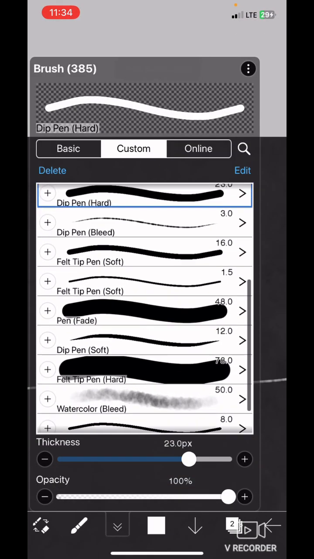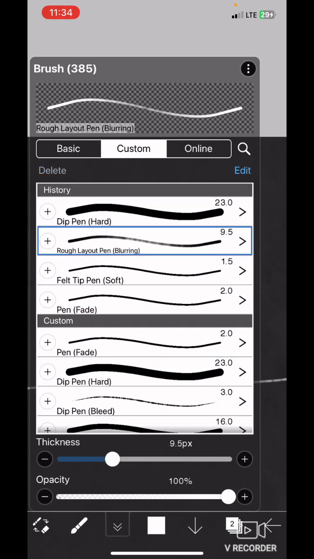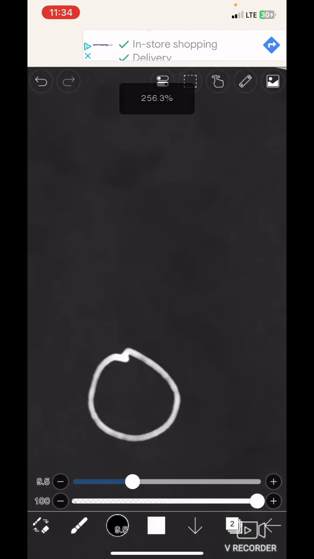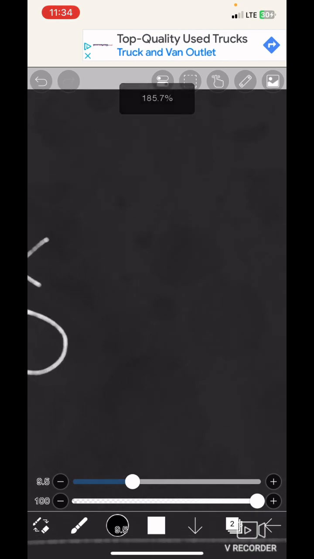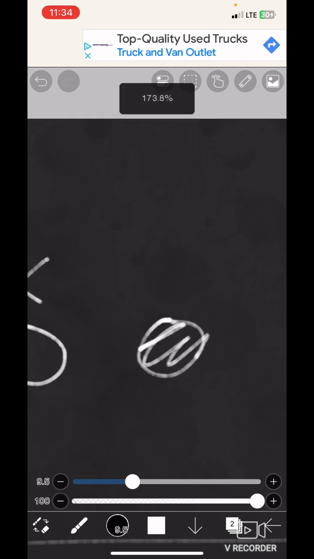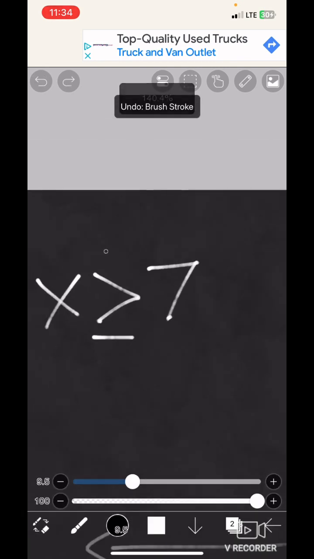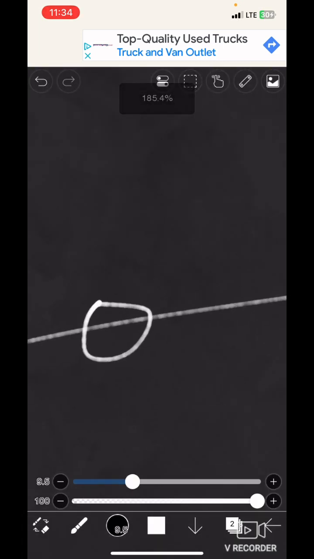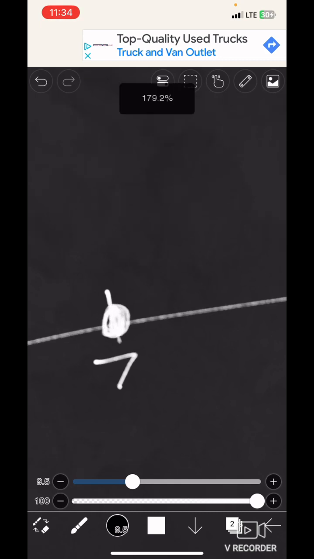The difference between an open and closed circle is that an open circle means that the number on the other side is not included in the equation, while a closed circle means the number is included in the equation. Judging from this expression, that means that 7 is a part of the equation.